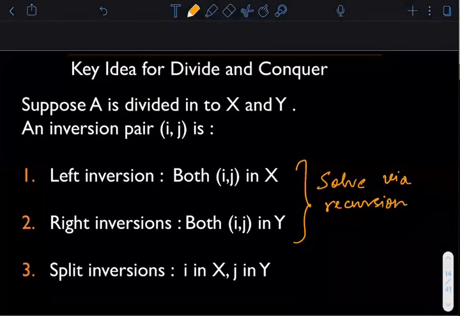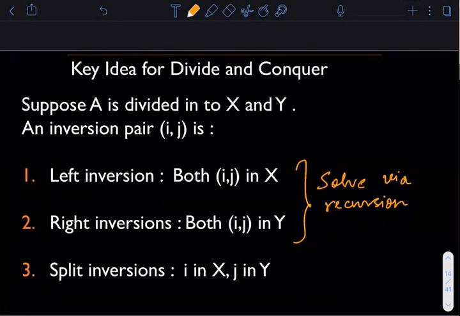Right? So what is the only challenge that we are left with? The only challenge is to count the number of split inversions. That's the only thing that we need to take care of, because then we have a complete algorithm.